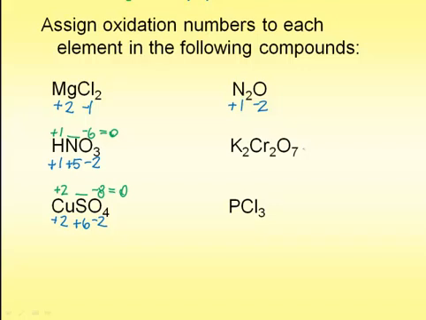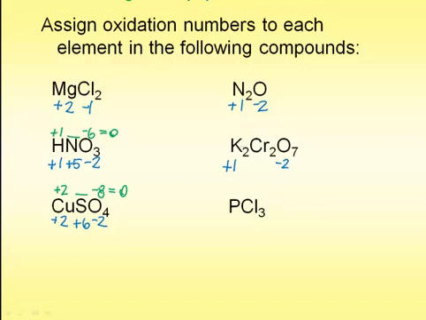In the potassium dichromate example, we can assign our potassiums a +1 oxidation number because that's a monatomic ion. We can give oxygen its -2 oxidation number.